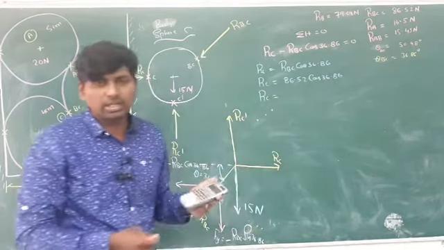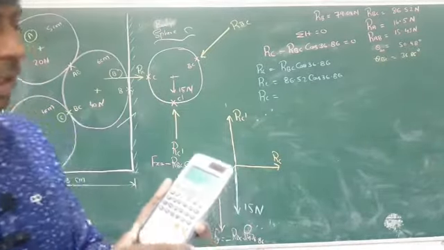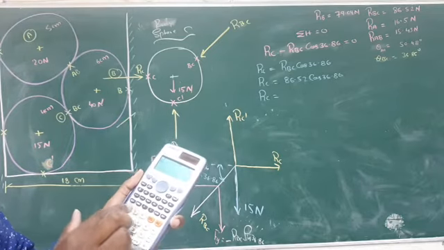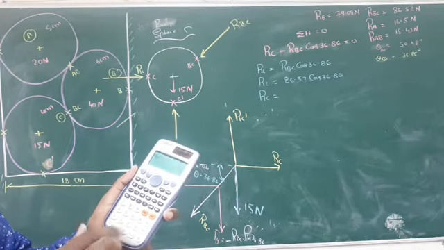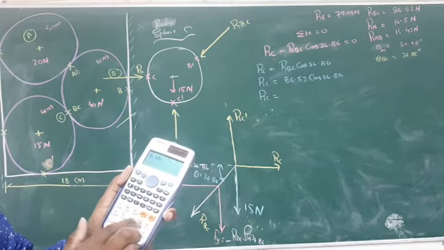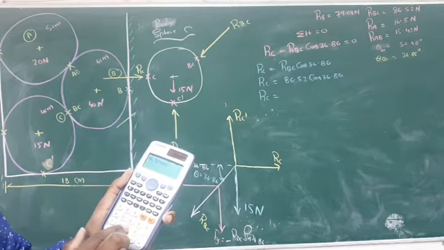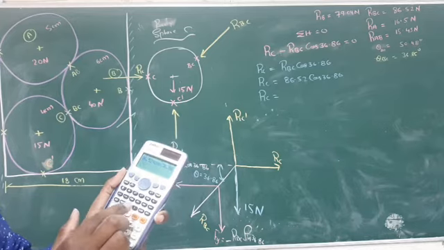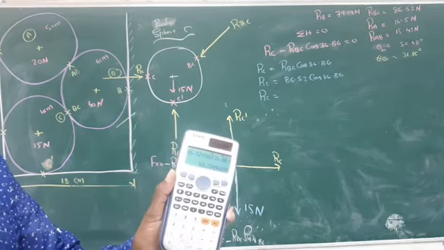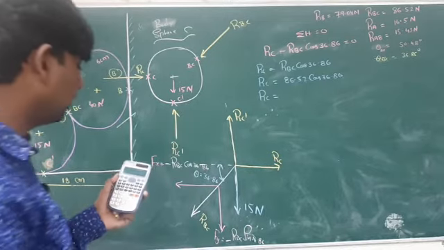With the help of a calculator, try to solve this one. 86.52 into cos 36.86. So how much did you get? 69.22.